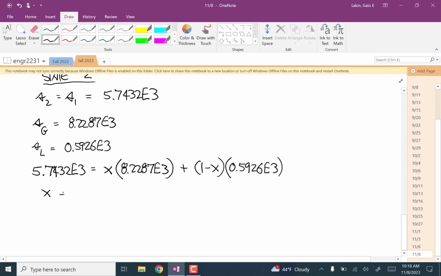From that, you can calculate that the quality is 0.6745. So what percentage of this water is steam? 67%. Yep.